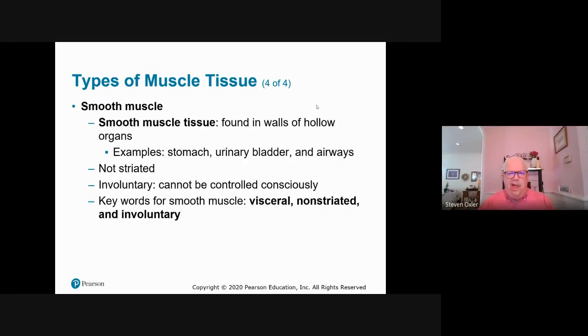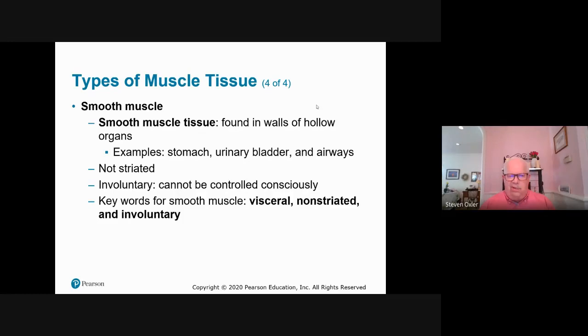Smooth muscle. Smooth muscle is just what it says. It has no striations. They have no stripes. That's why it's called smooth. It is found in the walls of hollow organs like your stomach, your urinary bladder, and your airways.